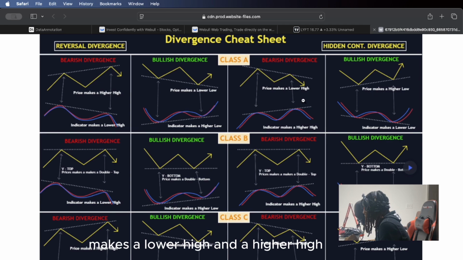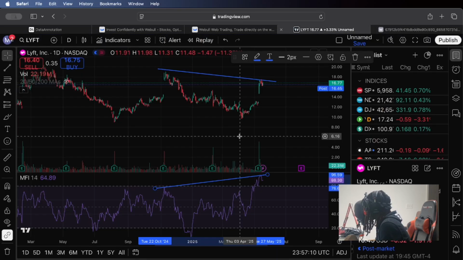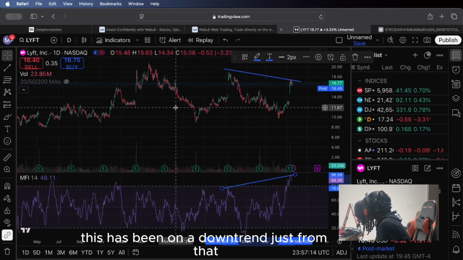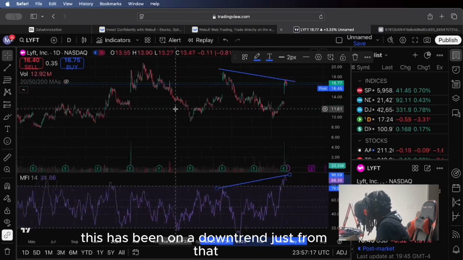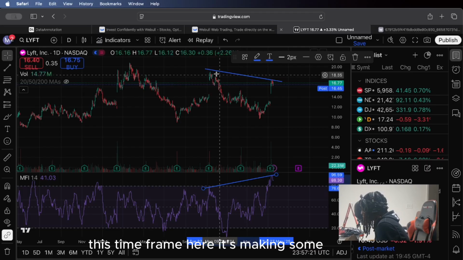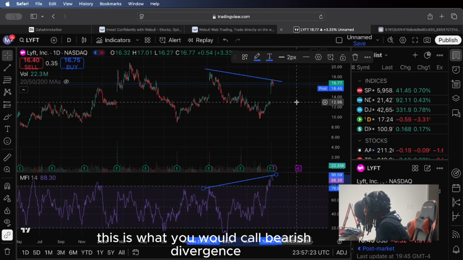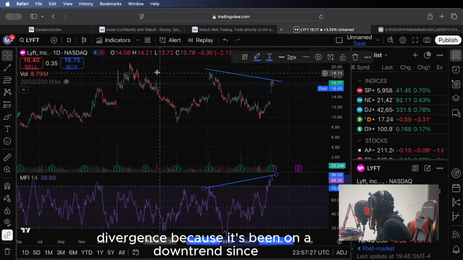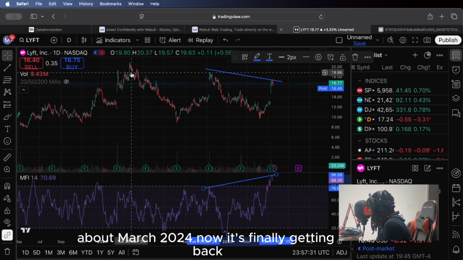Makes a lower high and a higher high. So, as we seen, this has been on a downtrend. This is what you would call bearish divergence, but it's a form of bearish continuance divergence because it's been on a downtrend since about March 2024.